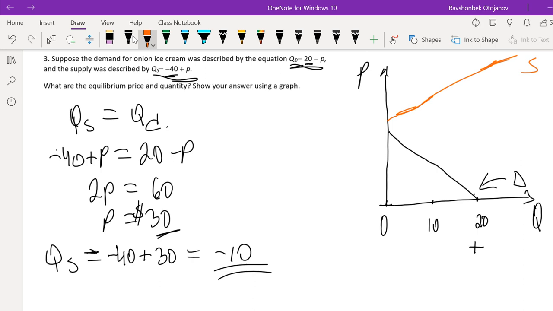That's what I wanted to say. Demand in this case lies below the supply curve at all meaningful prices where output is positive. The reason is, if we were to continue this further, they will eventually cross.